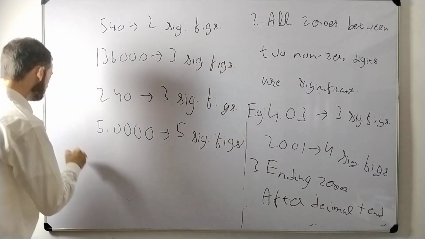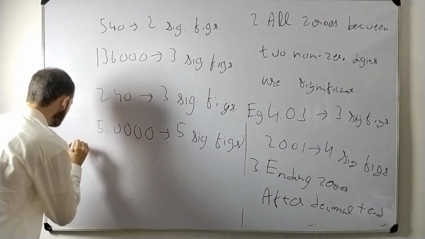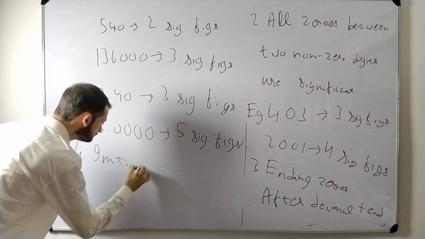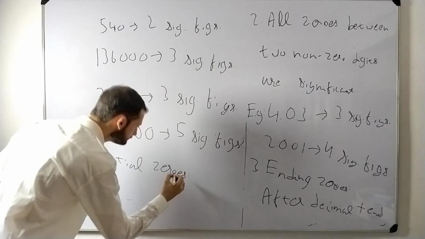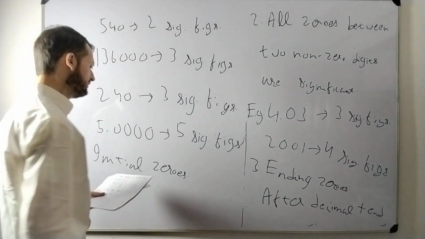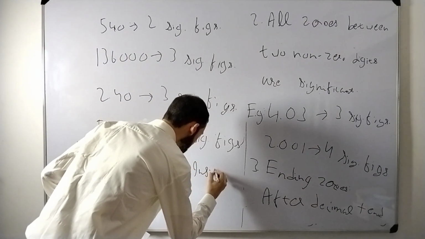What was the fourth rule? Initial zeros. Initial zeros, they are insignificant.